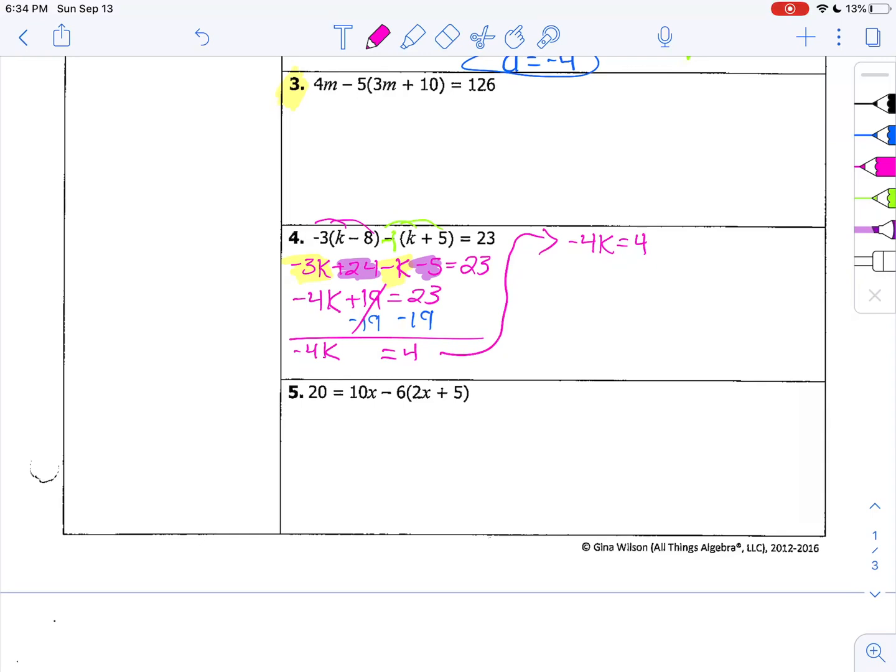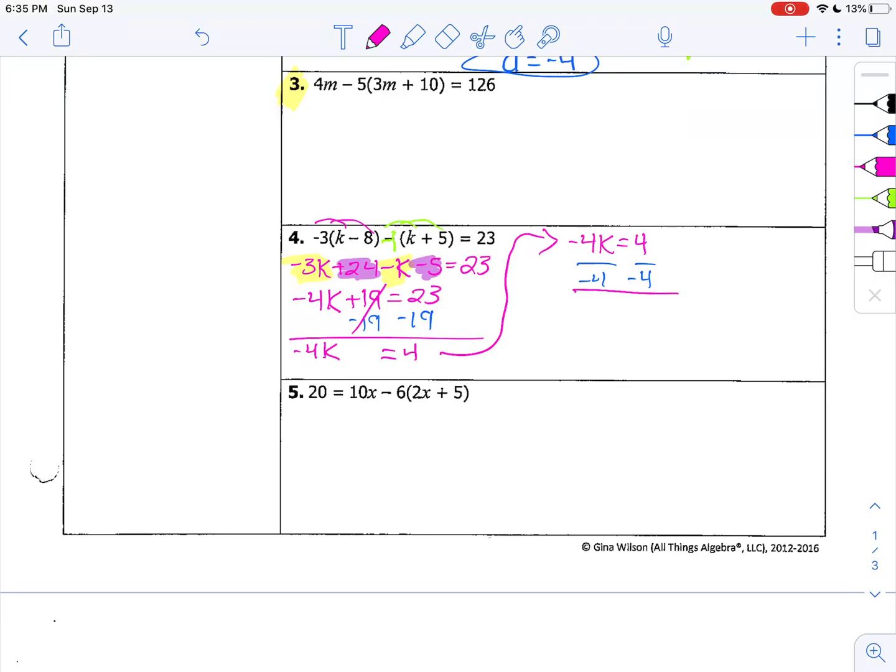When solving an equation, your variable must be isolated. So we need to get rid of the negative 4 attached to the k. And the operation that separates those two is division. So we're going to divide both sides by negative 4 because negative 4 is the number we're trying to get rid of.